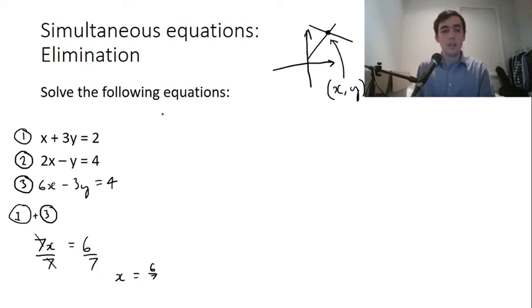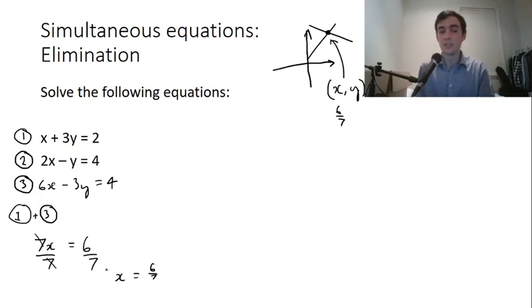Okay, now I guess the question is, have we finished? If you watched the previous video, hopefully you're saying, no, we haven't finished, because we found the x coordinate. That's great. We need to find the y coordinate. To do that is actually the same as the other method.